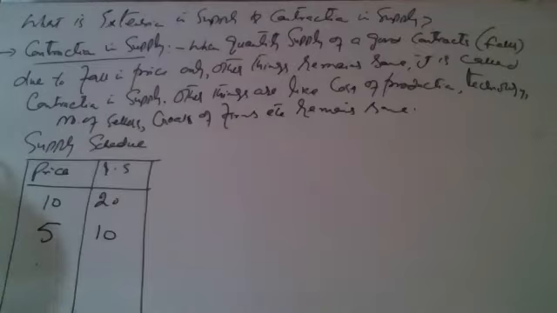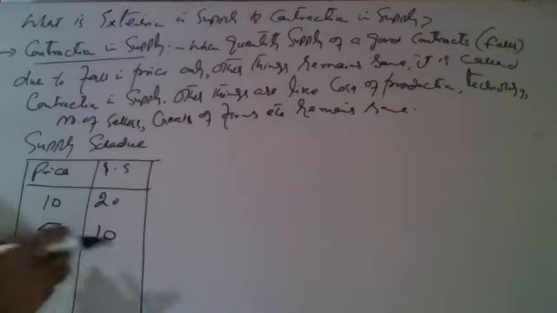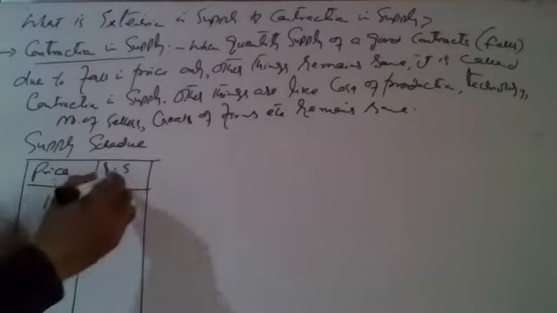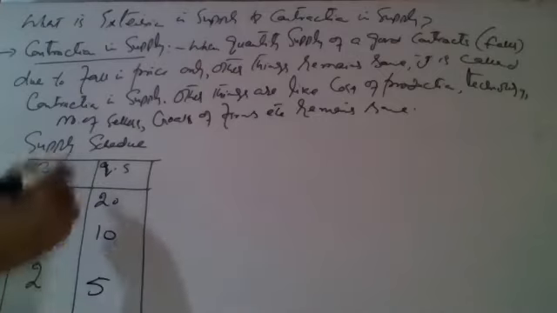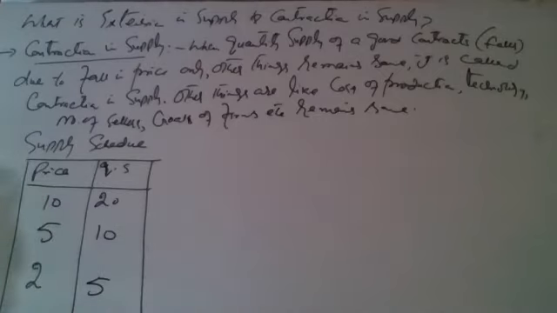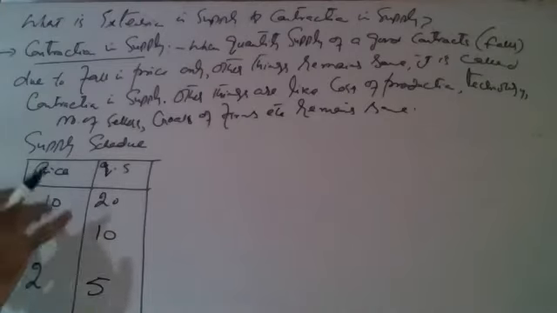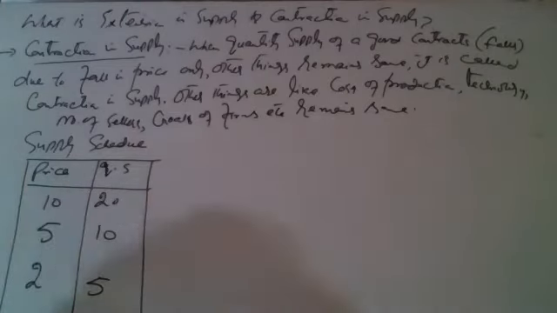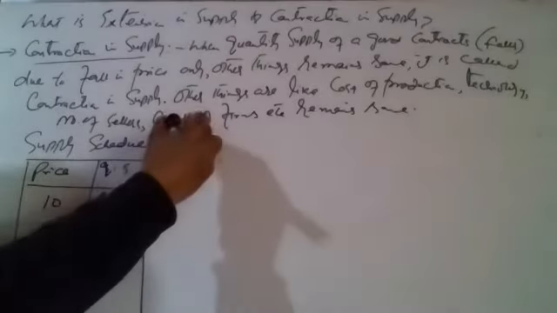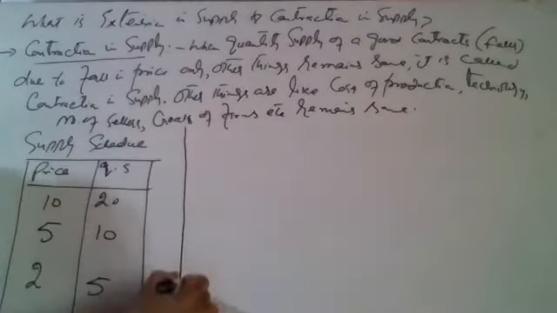We can have so many more values for price and quantity supply. For example, price is 2, quantity supply is 5. So you can go on. We can still decrease price and quantity supply also decreases. What is the diagrammatic explanation for this?